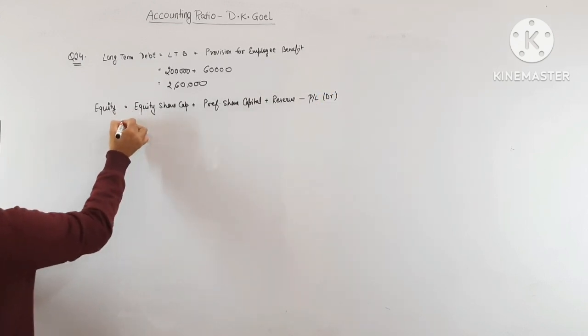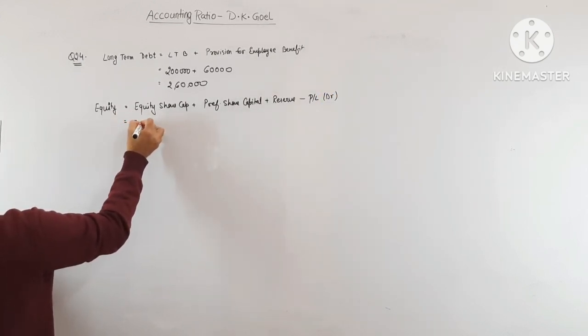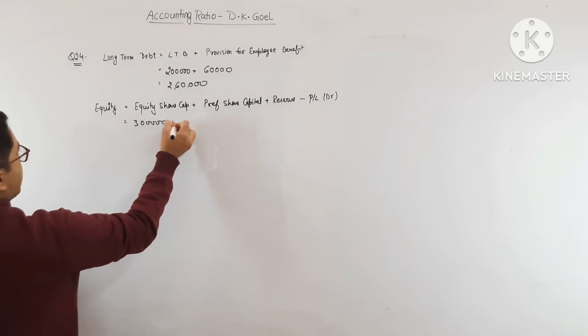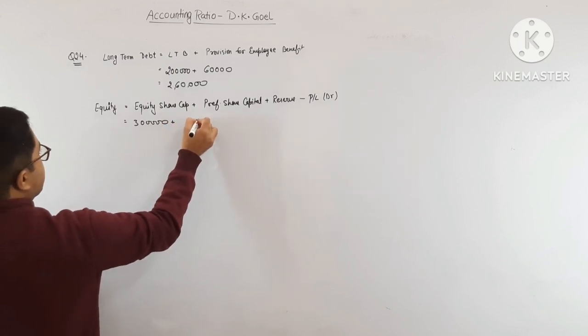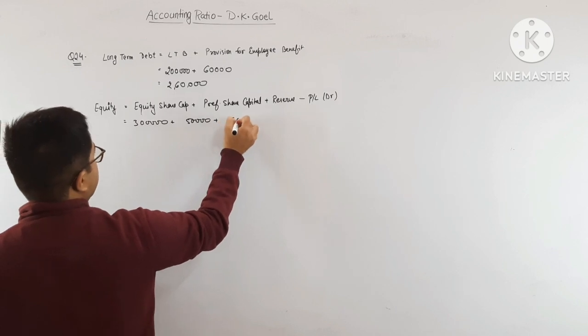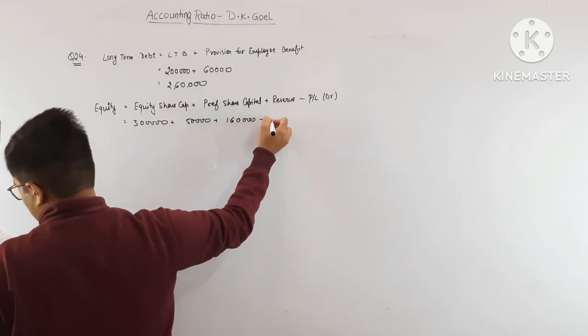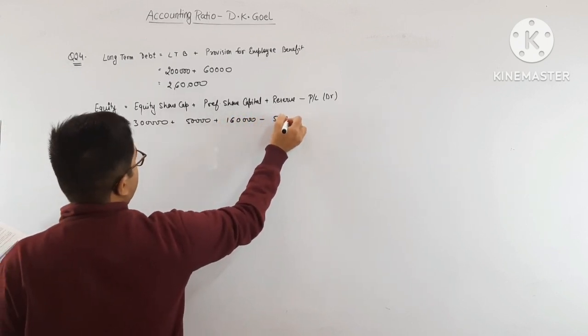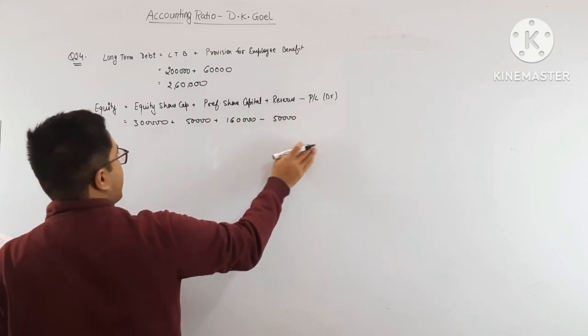Clear? Now the value is equity 3 lakh plus preference 50,000 plus reserve 1,60,000 minus 50,000. Whenever the debit balance is given, you will subtract.